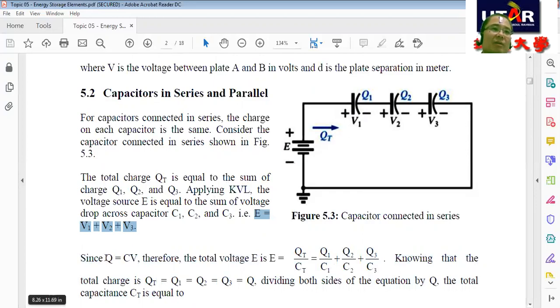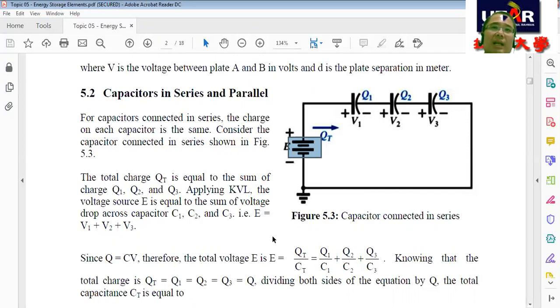Substitute Q equals CV. Then E, which is the total voltage, equals QT over CT, the total charge over the total capacitance.